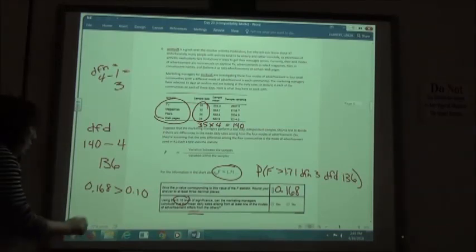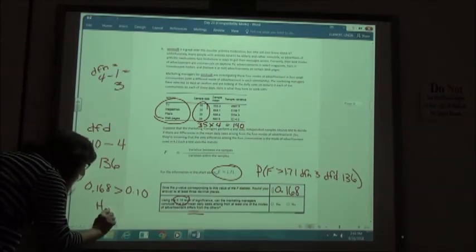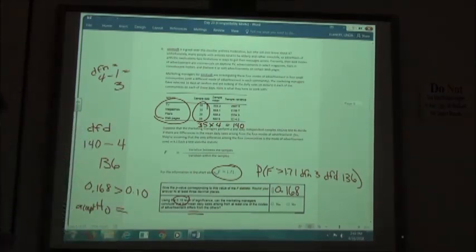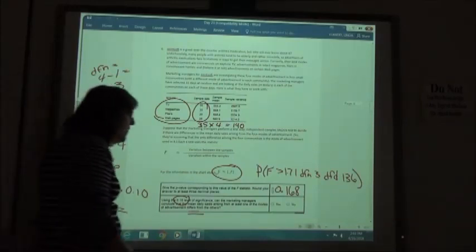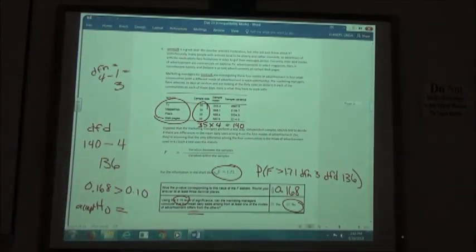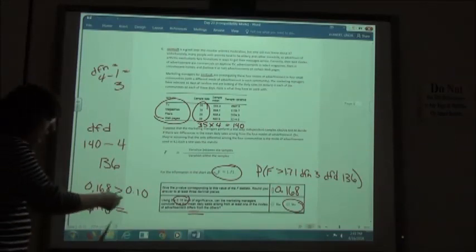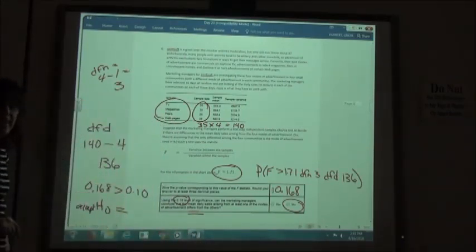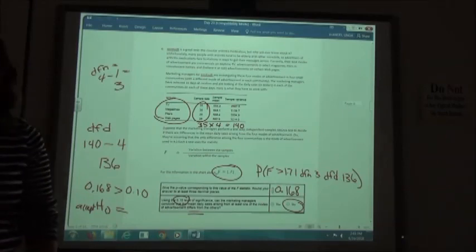If that is true, we have to accept the null. And the null says they're equal. So can we say they differ? No. Again, we have to say that they are equal, they are not different. We didn't have any that were less, but if we had one that was less, then we would say that it differed because we would not accept the null.